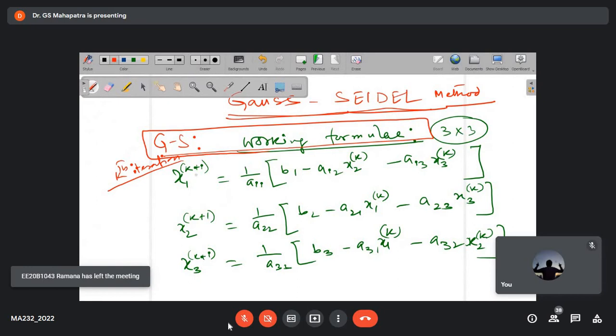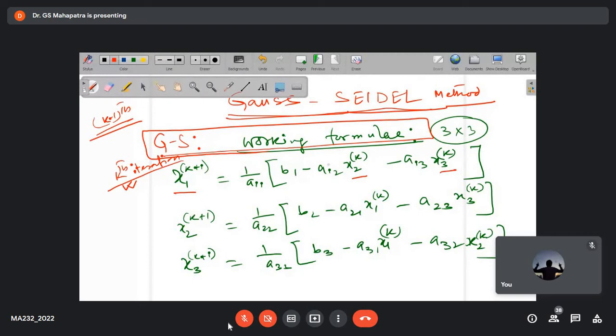So x1 k plus 1. In this iteration, it is the first time we are going to find x1. So we don't know x2 and x3, the outcome in the same iteration k, but in the previous iteration k minus 1, we know the result. So these two we have to use from there.